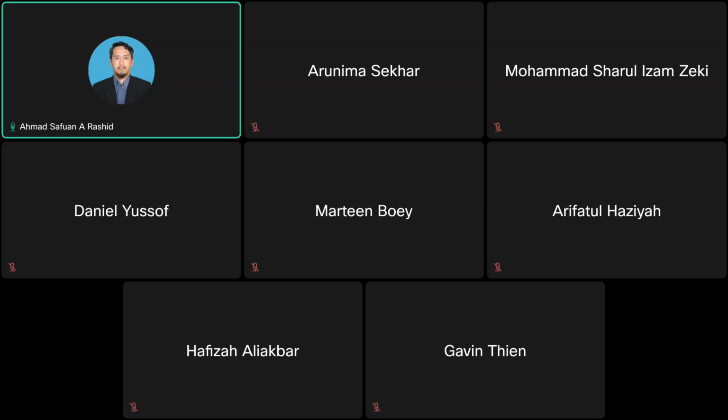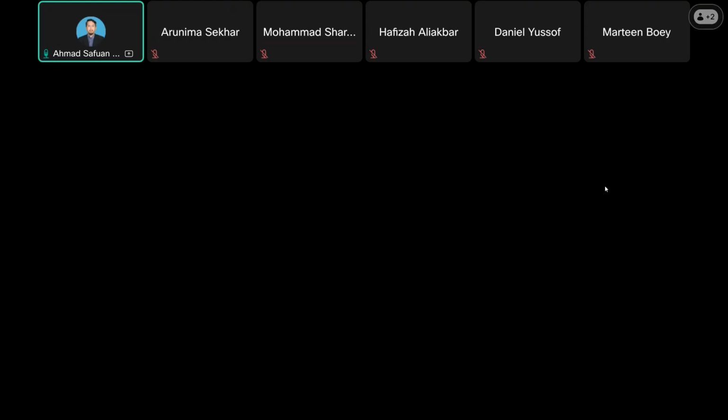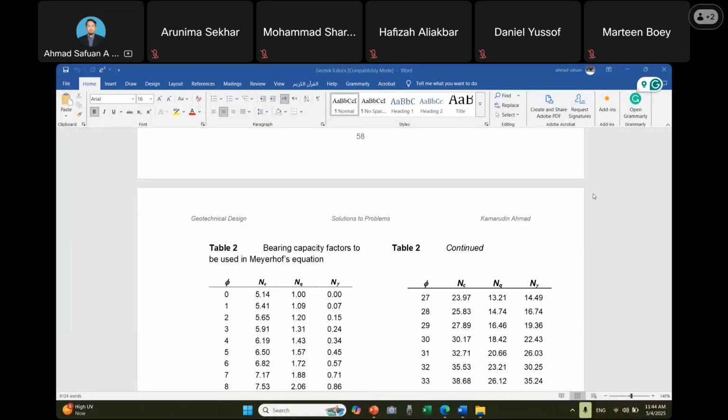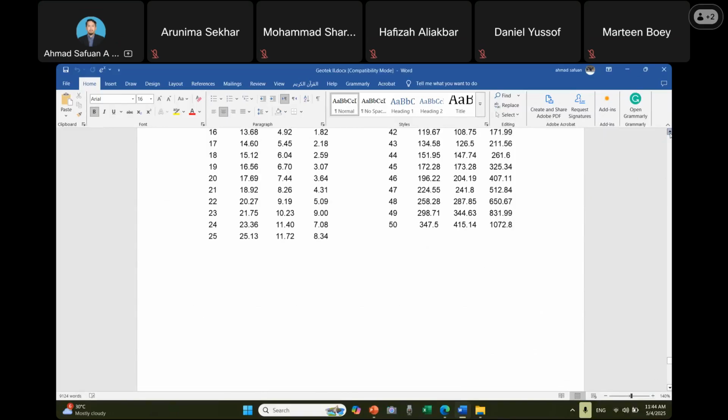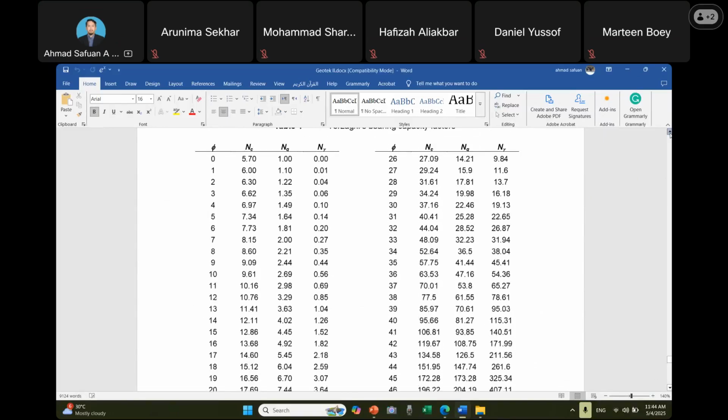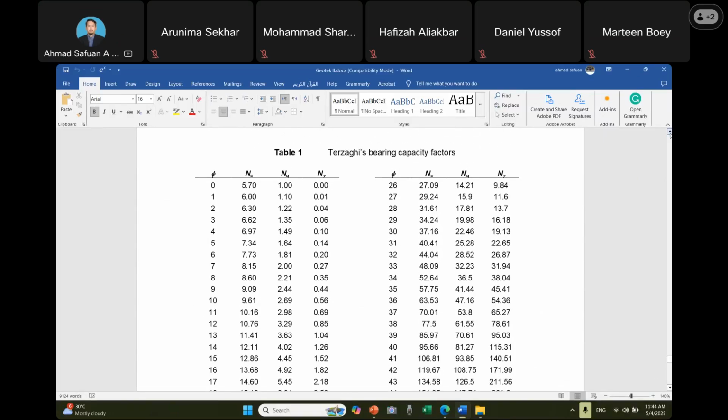Okay, so this is the table. When phi is equal to 0, the N gamma is equal to 0, and Nq is equal to 1.